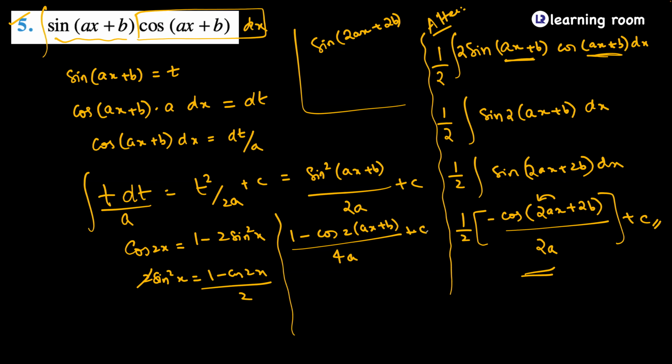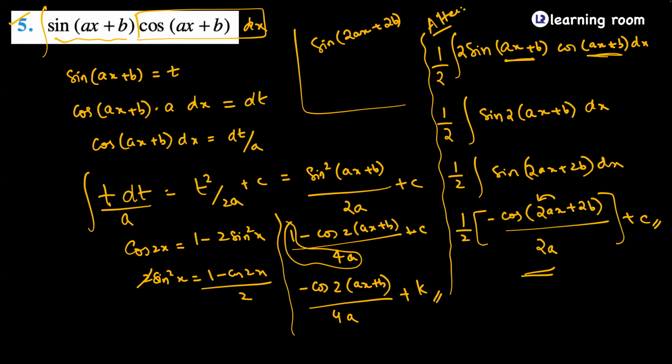Now what has happened is this 1 divided by 4a is there, no? That is another constant. This 1 by 4a can be added to this constant to write it as some other constant. So the final answer is minus cos of 2 into ax plus b, the whole divided by 4a, plus c plus this 1 by 4a, which is some k. So observe this answer and this answer. The 4a is going to get split to both the terms.